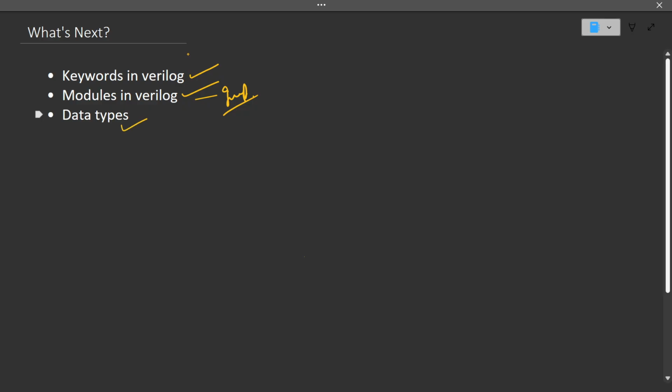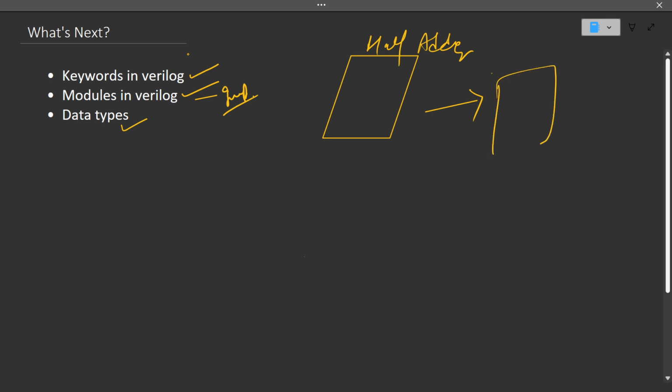Then we will be moving to the data types in Verilog, and then we'll be moving ahead with the basic coding of some small examples. We'll start with coding of a half adder. We'll make a half adder, then we'll make a full adder using the half adder, or simply a full adder.